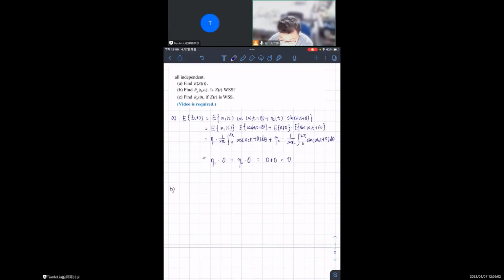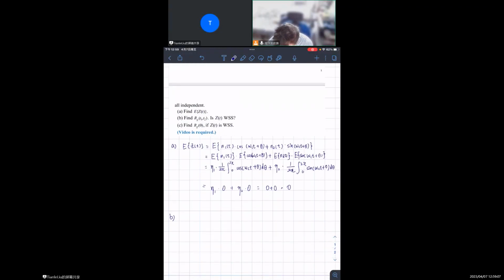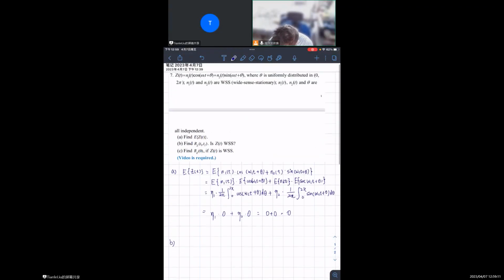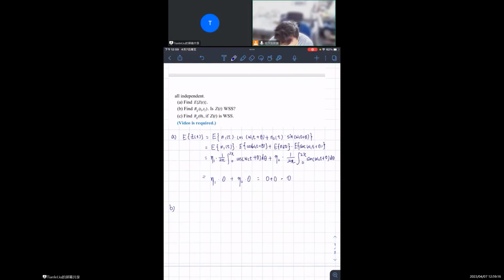Then for part B, we need to find R_Z(t1, t2) and determine whether Z(t) is wide-sense stationary. From the clue for homework 7, R_Z(t1, t2) equals the expected value of Z(t1) Z(t2).